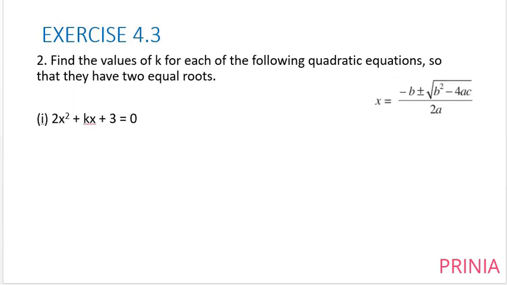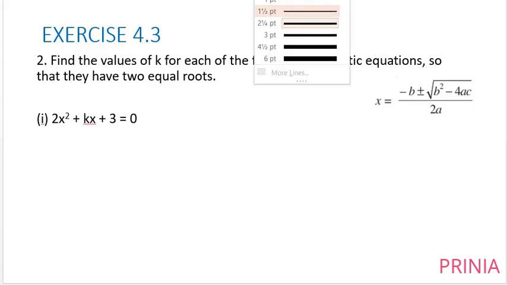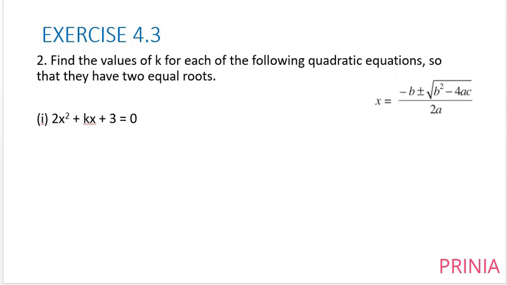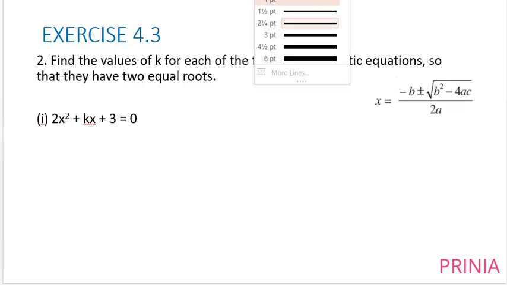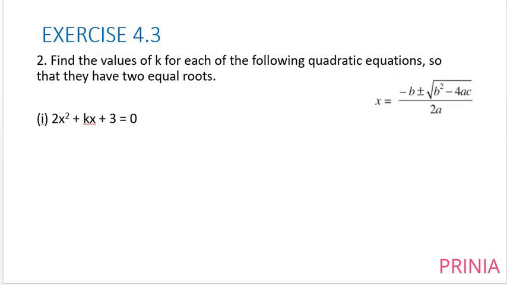Next we'll see this problem, where it has been asked to calculate the value of k for the following equation: 2x square plus kx plus 3 equal to 0. Comparing with the standard equation, a is equal to 2, b is equal to k, and c is equal to 3.